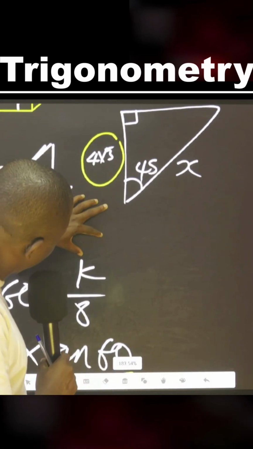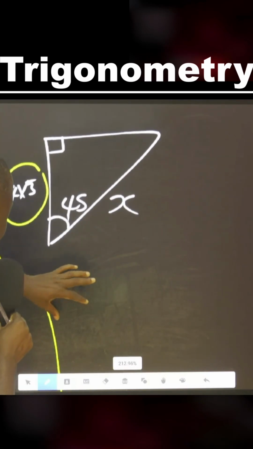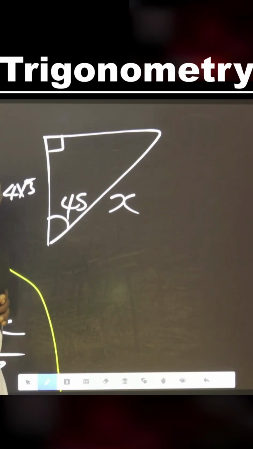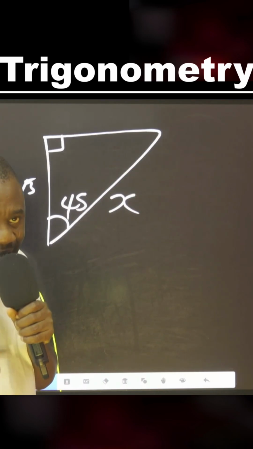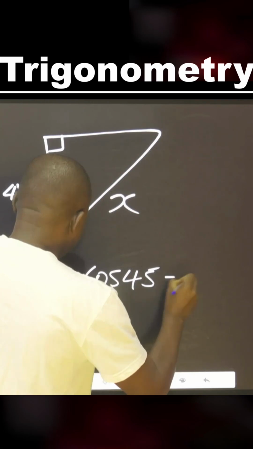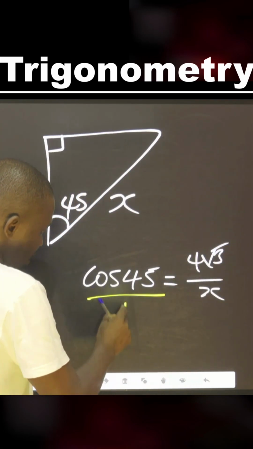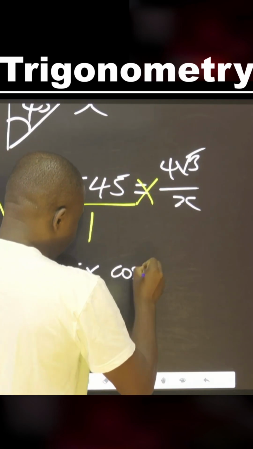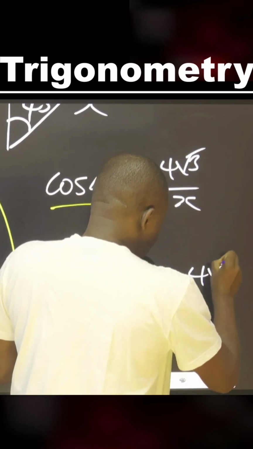So now, if you come to this place, let's work on this. This simply means adjacent and hypotenuse. That's cosine. That is cos 45 equals 4 square root of 3 over X. Then you cross multiply to have cos 45 times X equals 4 square root of 3.